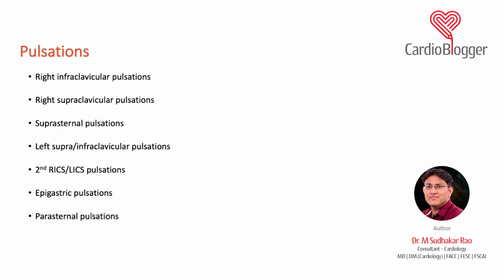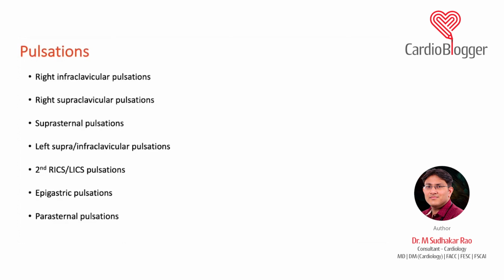However, apart from pulmonary artery hypertension, in patients with normal pulmonary artery pressure also, you may get a left second intercostal space pulsation, especially in patients with atrial septal defect, where because of the increased flow through the pulmonary artery, you get a pulsation in the left second intercostal space, and still the P2 may be palpable without evidence of pulmonary artery hypertension.